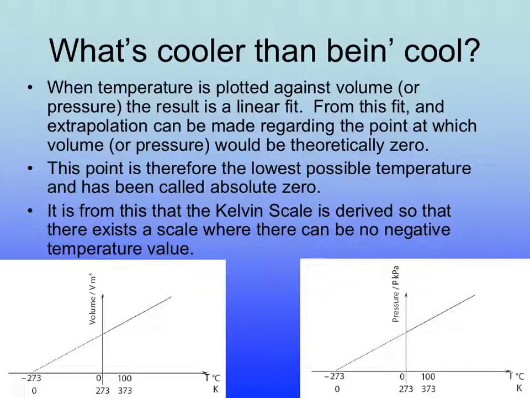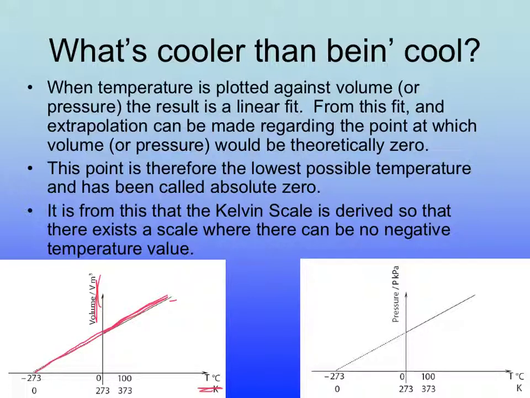They carried it back, and that's what we're talking about when we talk about extrapolation. So we have volume and temperature, and they got it as cold as they could. They saw it was this nice linear fit, and then they started working backwards.